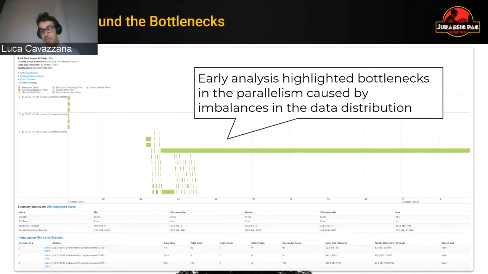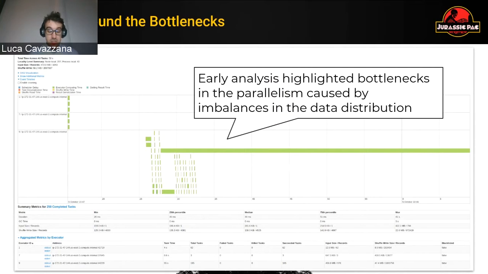Because of this imbalance in the distribution of data, the computational load was concentrated in a few executors of the 11 available, so that basically most of the cluster was waiting for the completion of those bottlenecks in this architecture.